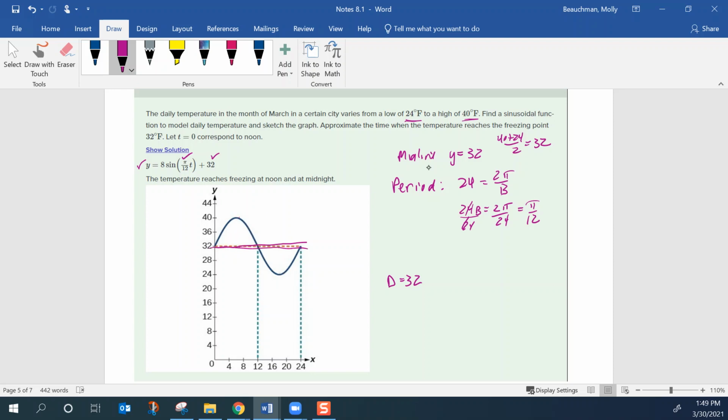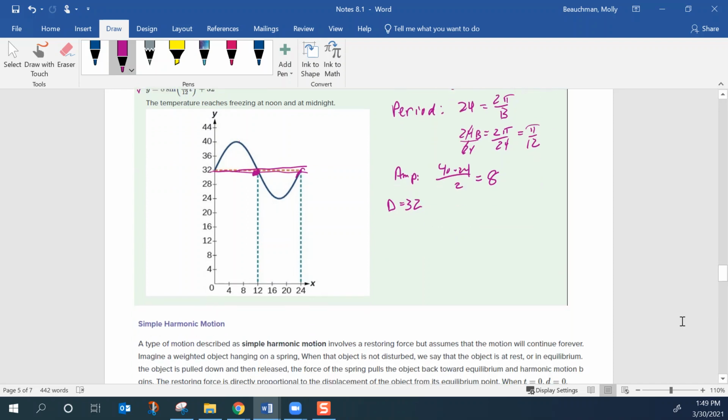The total distance between maximum and minimum, so the amplitude is 40 minus 24 divided by 2. So that would end up being 8. So the amplitude is 8. And that's where we get that function. And then you can see the temperature reaches freezing, 32 degrees, at noon, and again at midnight.